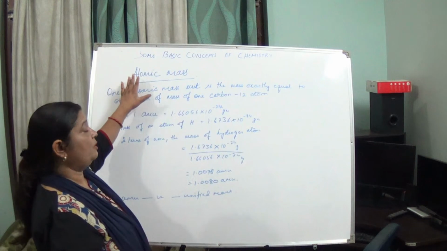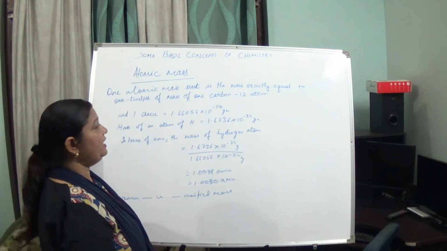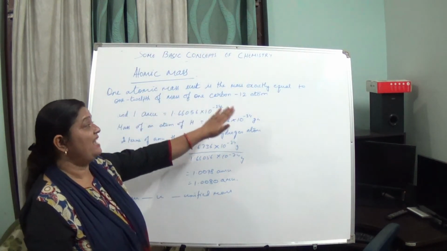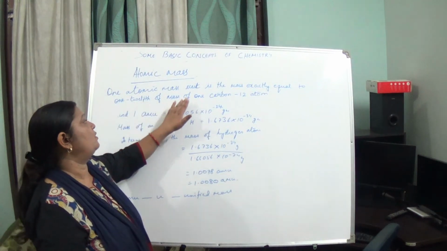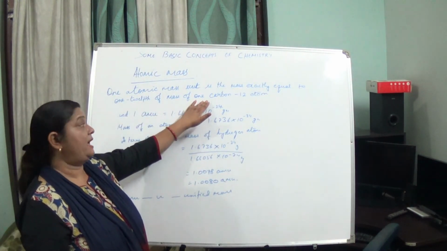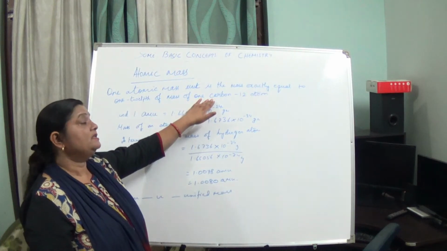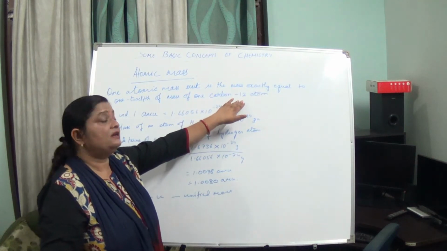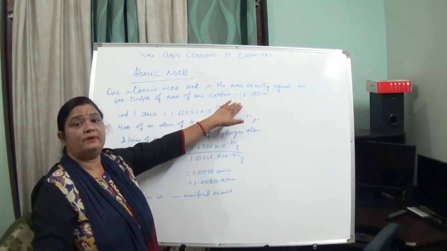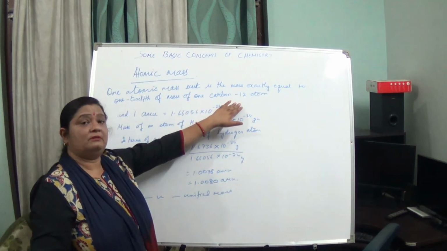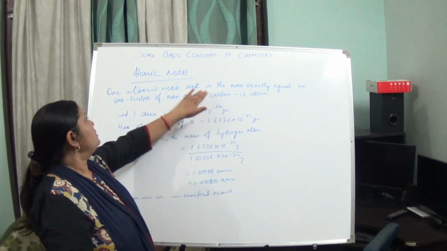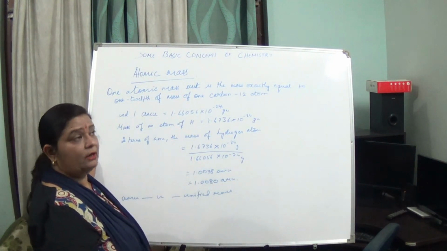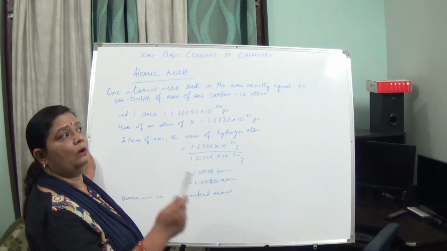So what is atomic mass when we try to define it? One atomic mass unit is the mass exactly equal to 1/12 of the mass of one carbon 12 atom. Carbon has isotopes, isn't it? C14 is also there, C12 is there. So here we have taken carbon 12, the isotope of carbon, having atomic mass 12. First, hydrogen was used because it was easy to compare with, as its atomic mass was 1.